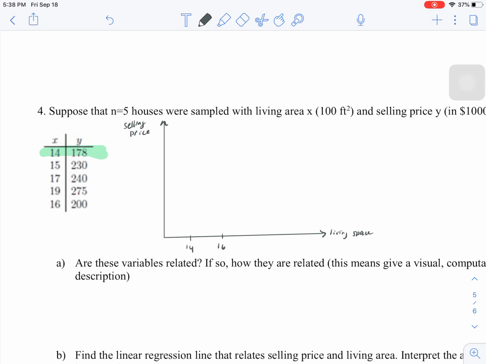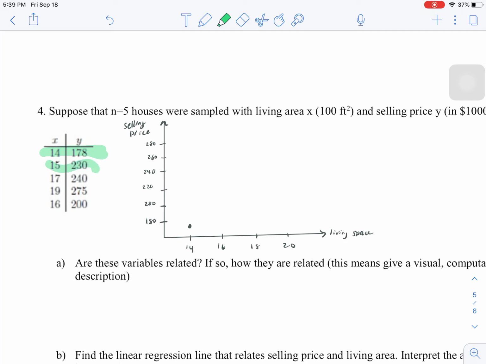14, 16, 18, 20. My first house had 1,400 square feet of living space and sold for $178,000. So I'll start at 180, 200, 220. So my first house will be somewhere right here.